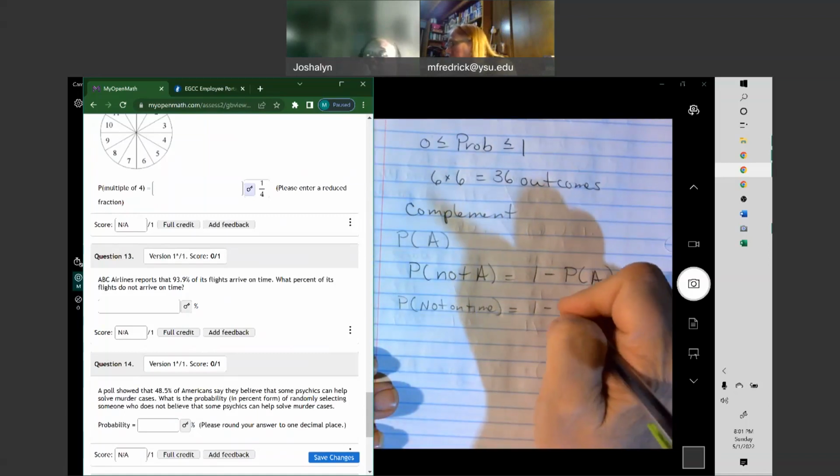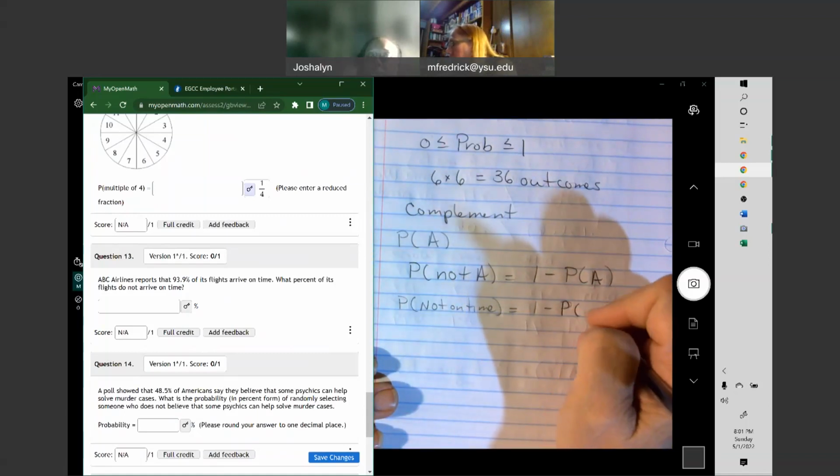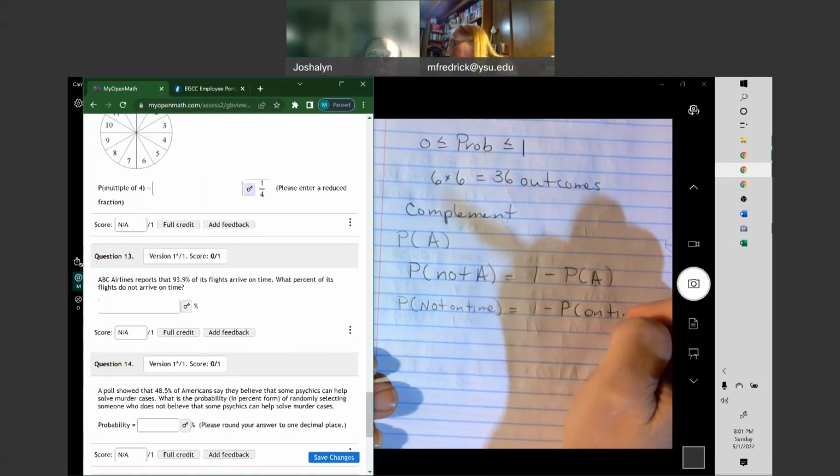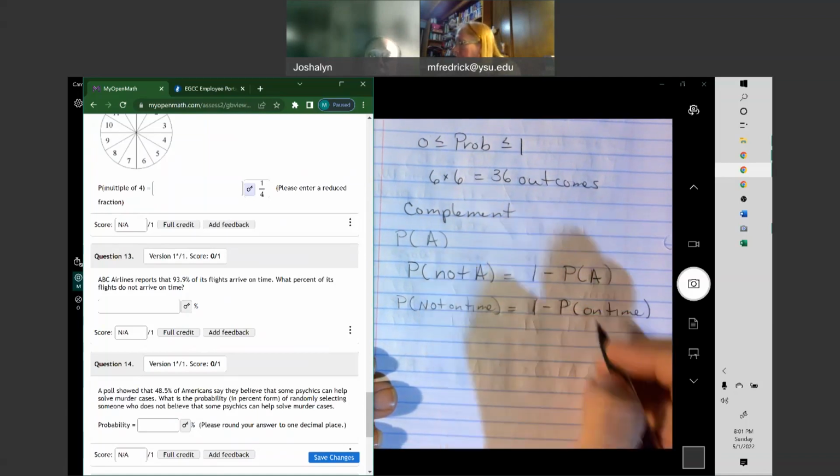Now you do have to write it as a decimal. So we have the 0.939.